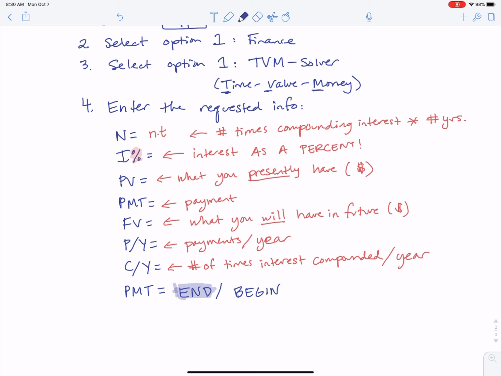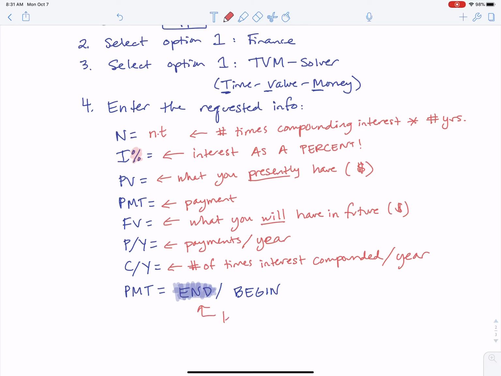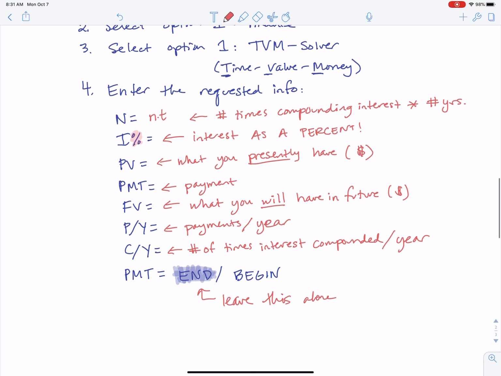If you're in a really hardcore finance class that you could take in college, those things will change. But for our purposes, you're going to keep end highlighted. So I'm going to say leave this alone. All right. So that's it for your notes.